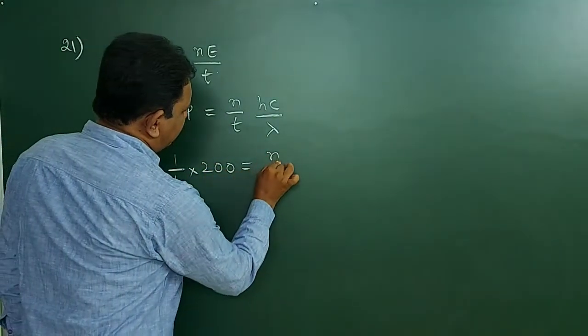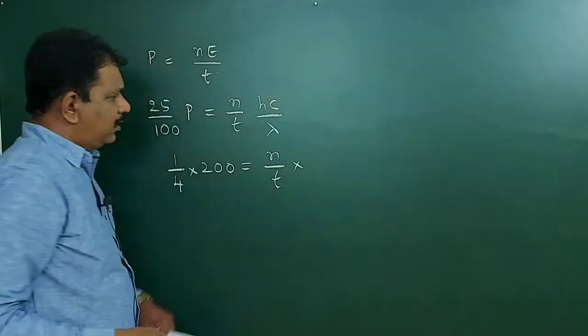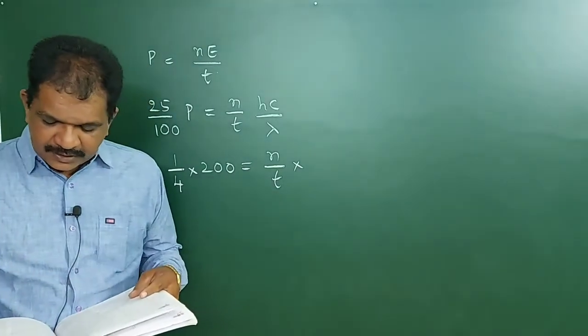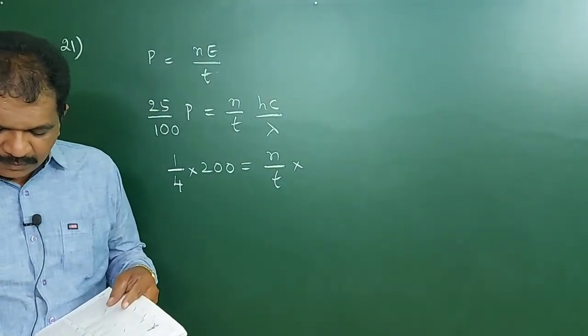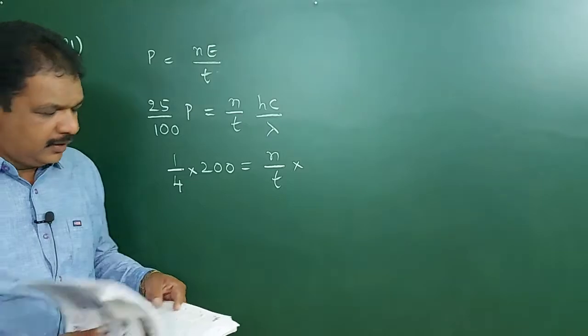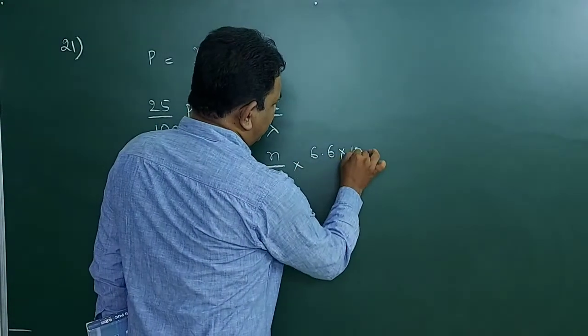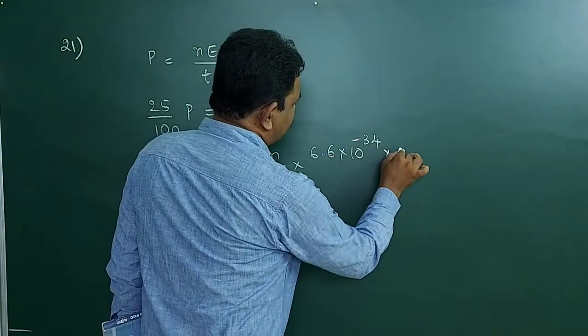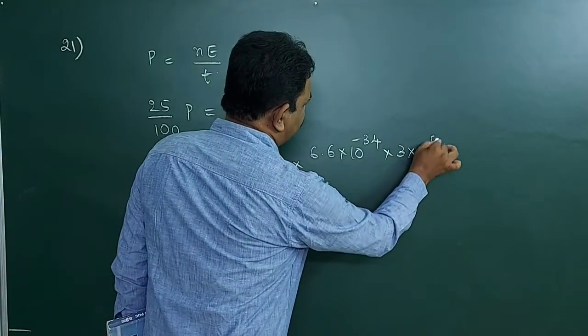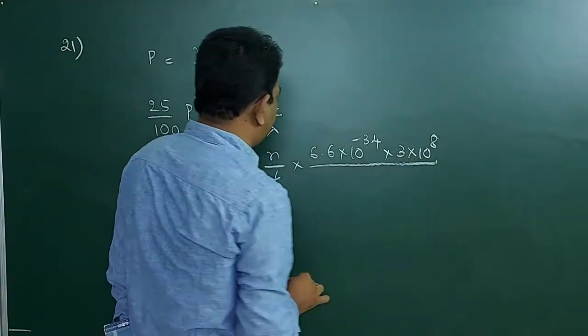This is N by T, and the h value and wavelength: 0.6 micrometer, that is 0.6 into 10 power minus 6, h is 6.6 into 10 power minus 34, c is 3 into 10 power 8.